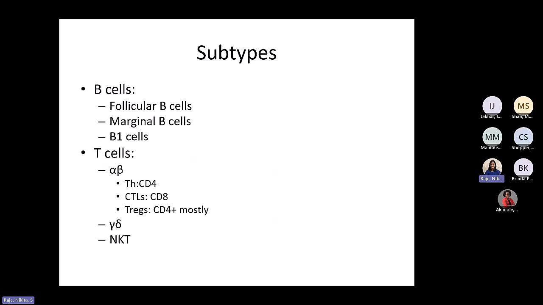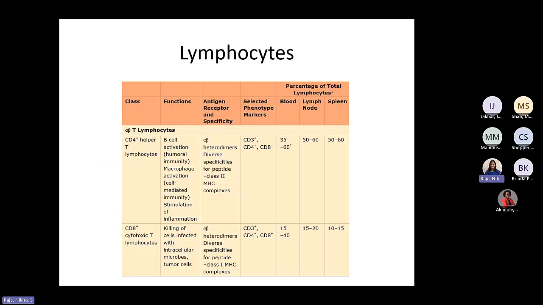T cells are again different ones: alpha beta, gamma delta, NK T cells. And typically the ones we call T cells are the alpha beta T cells. Those are either the helper T cells or CD4 T cells, or the CD8 T cells, or the Tregs. And then gamma delta and NK T cells have more innate function than adaptive.